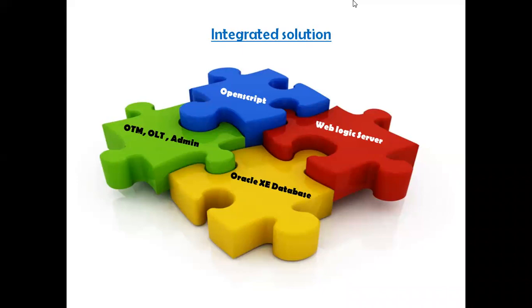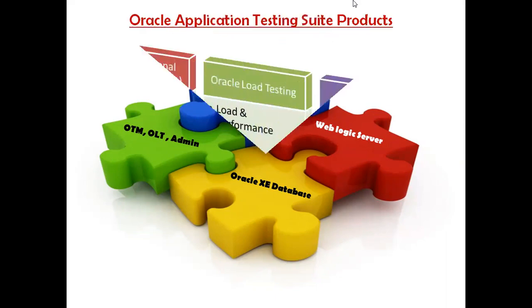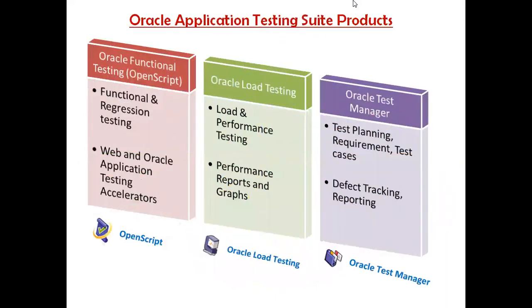This database comes along with the OATS installation, but in my tutorial, I suggested that we install it separately. We'll still consider it as part of OATS. Along with it, we'll also get OTM, which is Oracle Test Manager, OLT, and Administrator. These are the major products which we'll be working on on a daily basis.